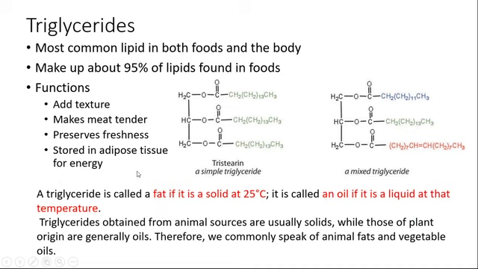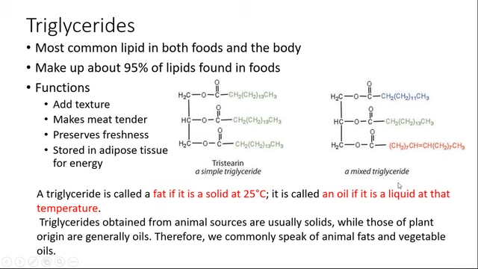So let's look at a triglyceride. Here is a very simple triglyceride where all the three fatty acid molecules are stearic acid, and so therefore it is called a simple triglyceride. On the other hand, you have another triglyceride where on every carbon you have a different fatty acid.